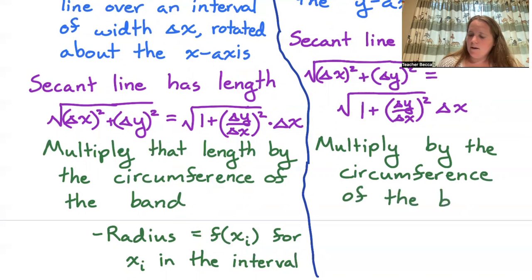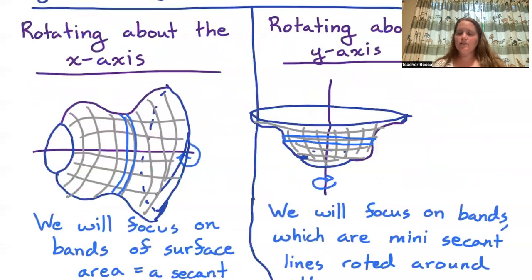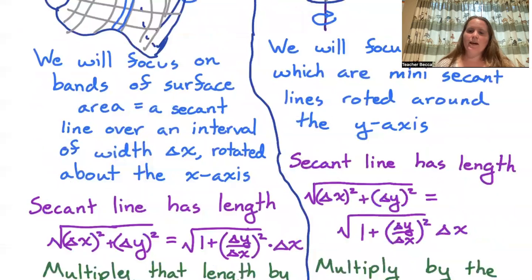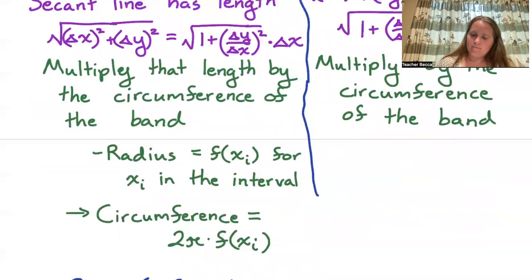In order to do that, we need to know the radius. In this case, the radius is just the x value, so the radius will just be xi, for an xi in the interval.